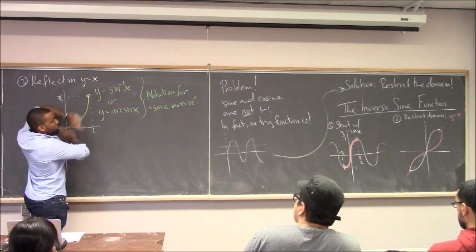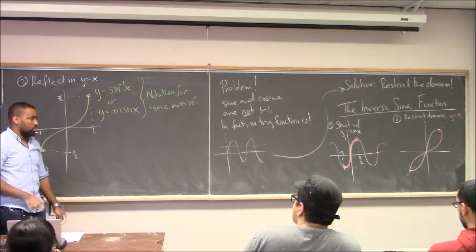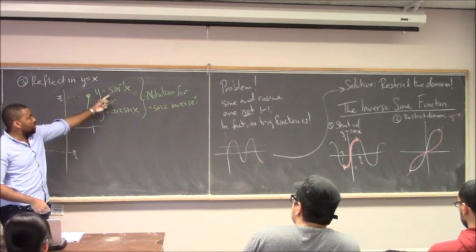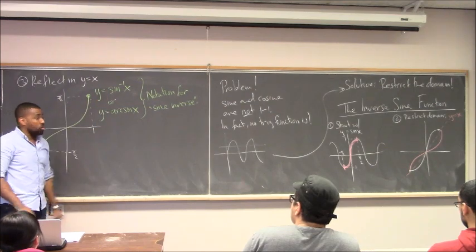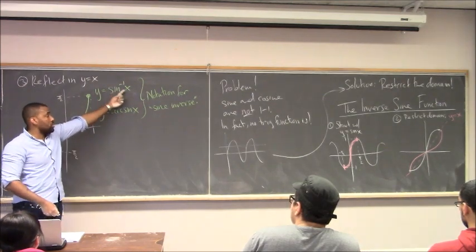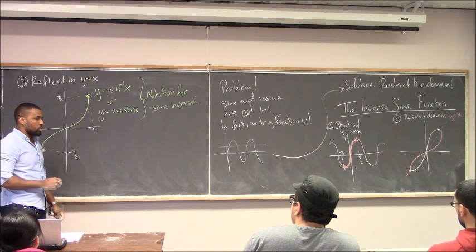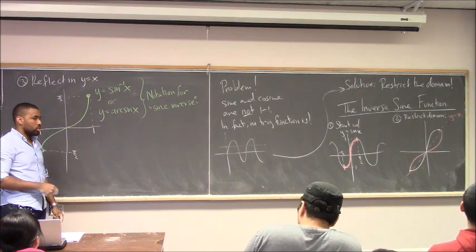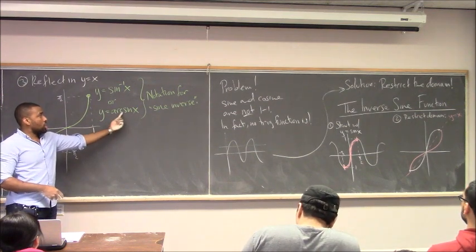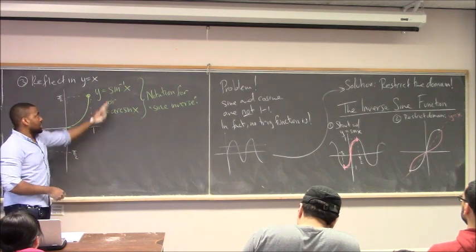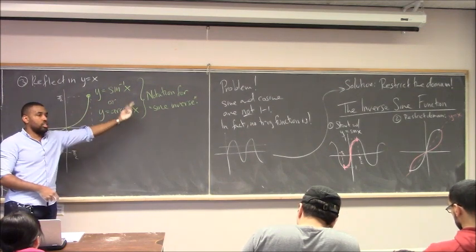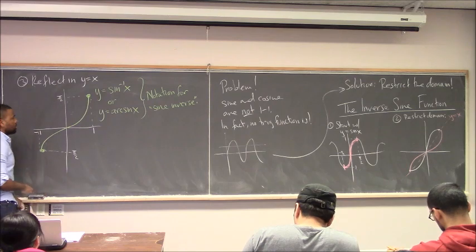Do not get them confused though, these are both notations for the inverse sine function. And this is very similar notation to what's used for everyone else. So you can have cosine to the minus 1 of x. That means cosine inverse whenever you see it. It does not mean 1 over cosine. And you can see arc cosine of x. And you can have tan inverse of x or arc tangent of x, etc. Okay? But this is what that graph would look like.